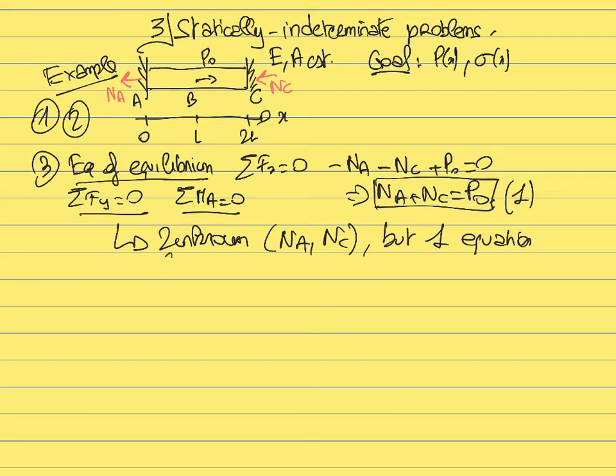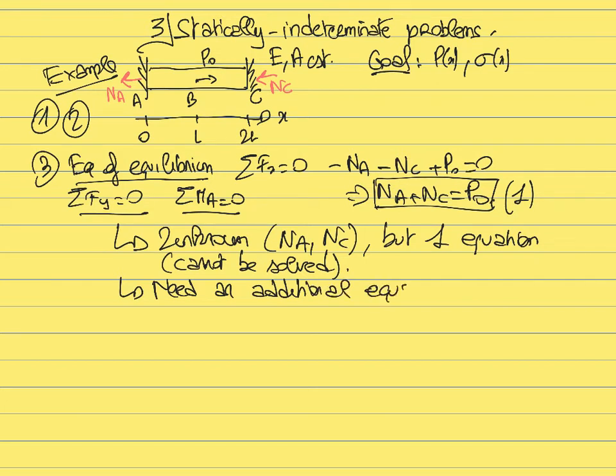This problem cannot be solved directly. To solve it, if we have two unknowns, we need two equations. We need an additional equation that we can use to solve this problem. We already have one, but we need another one.